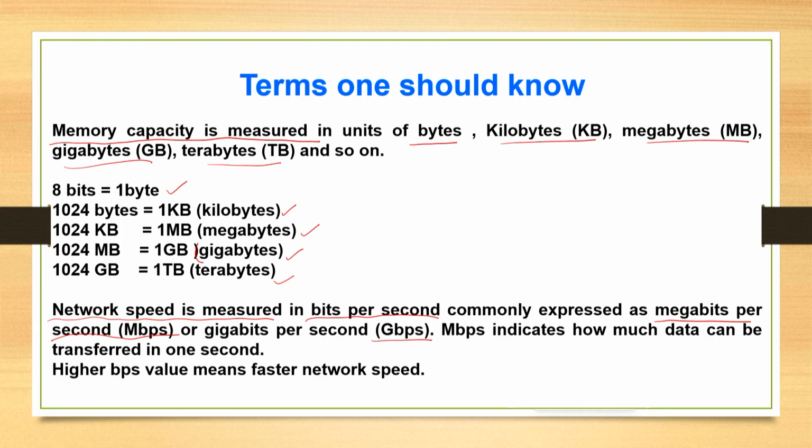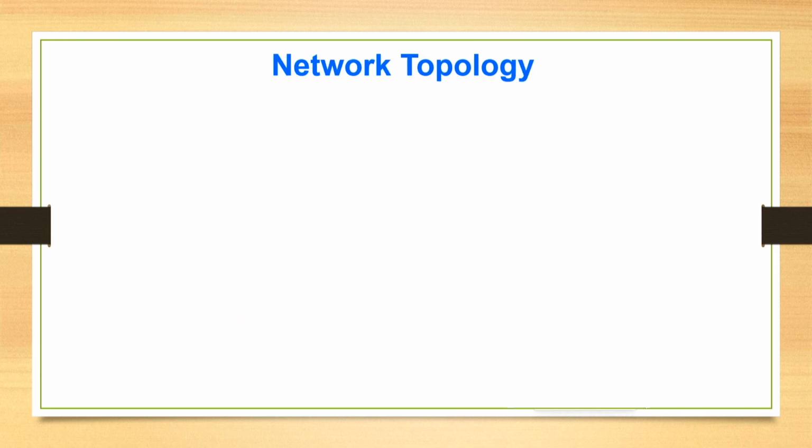If it is in gigabits, it means the speed of a network will be more than that of megabits per second. So, a higher bps value means a faster network speed. So, this is all about the terms that one should know.